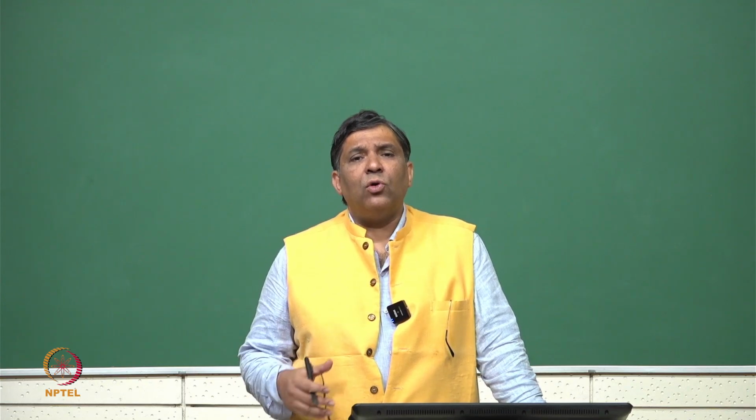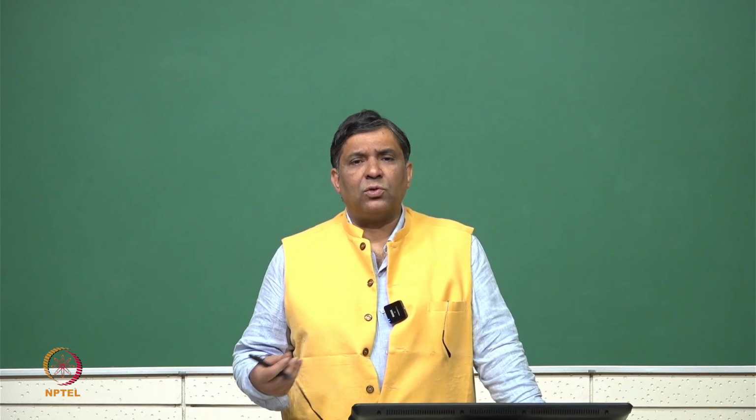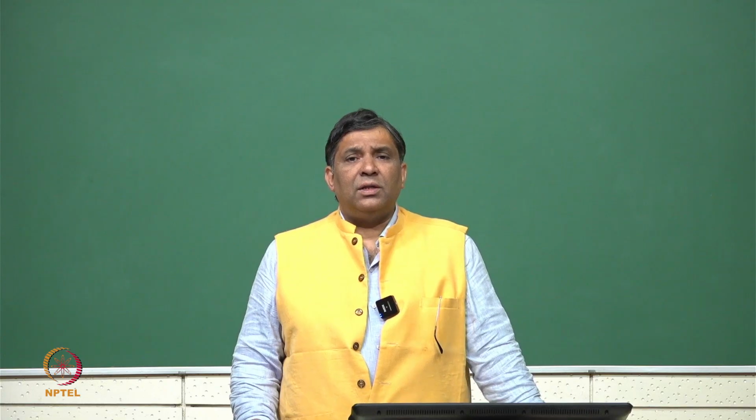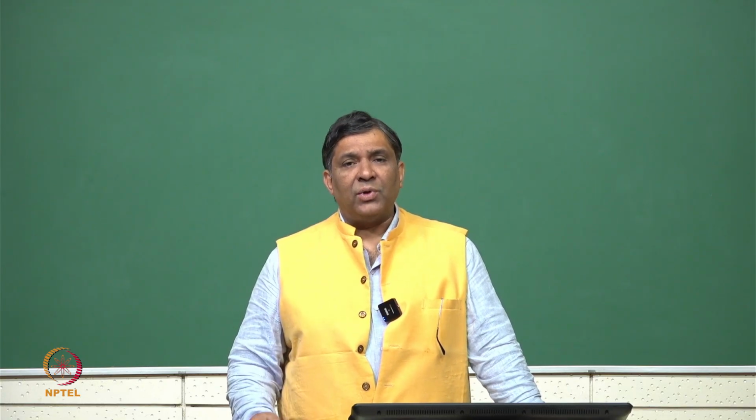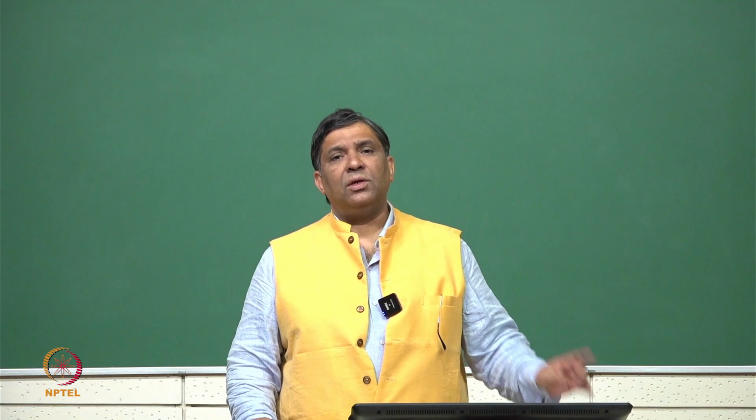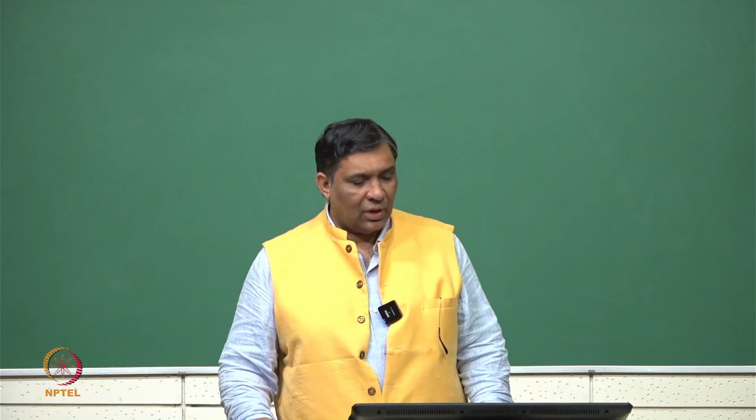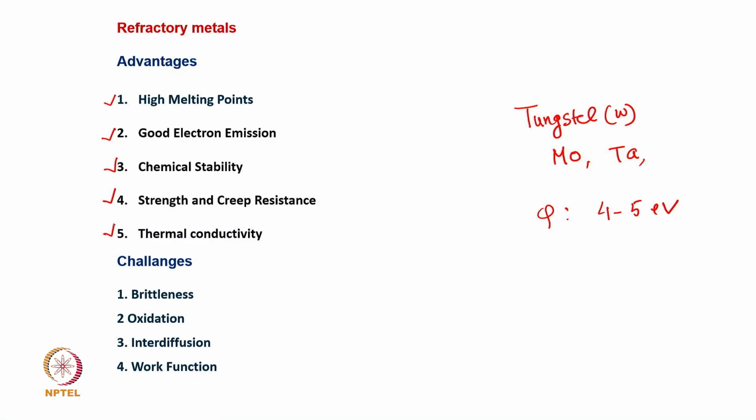But if you make it thoriated, you just coat it with thoria, then the work function can come down, okay, and you can use it as an emitter material. But there are certain challenges. The challenges are with brittleness. At certain temperature they become brittle. Okay. They have the problem of oxidation, because I told you this chemical stability is very important.